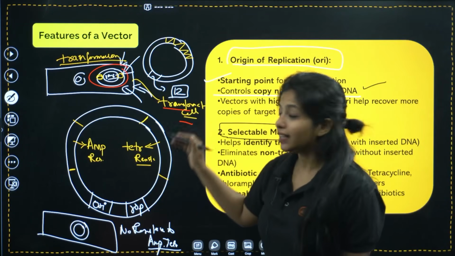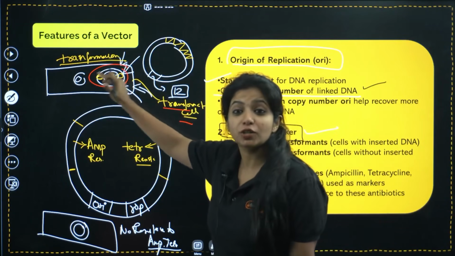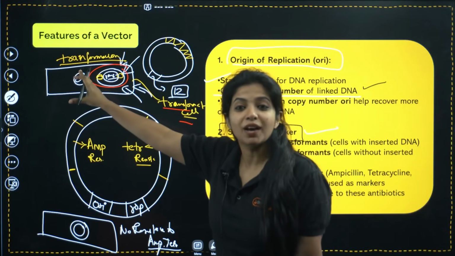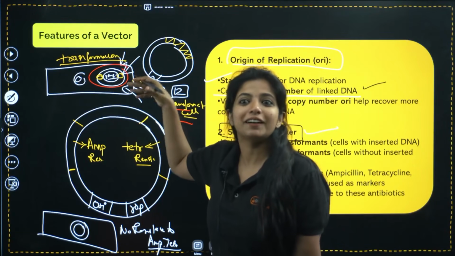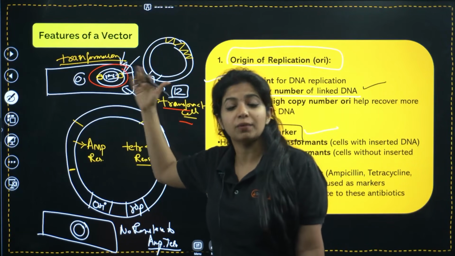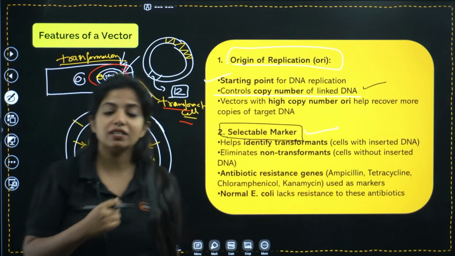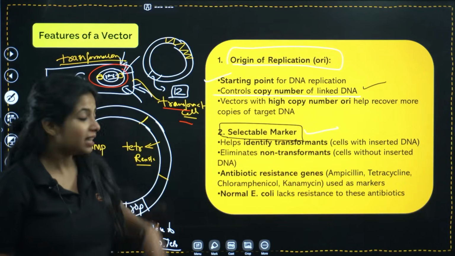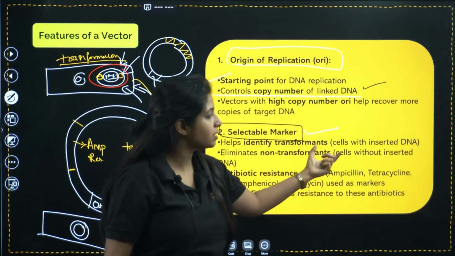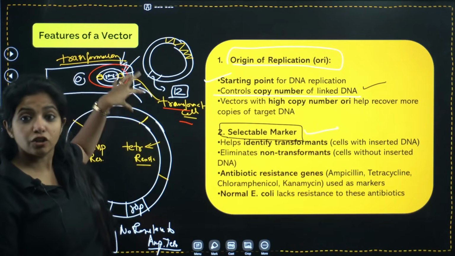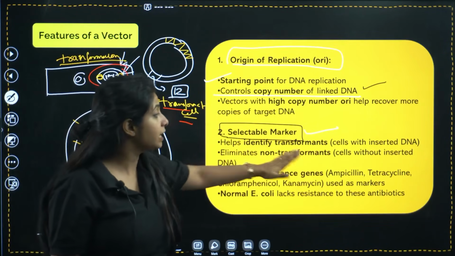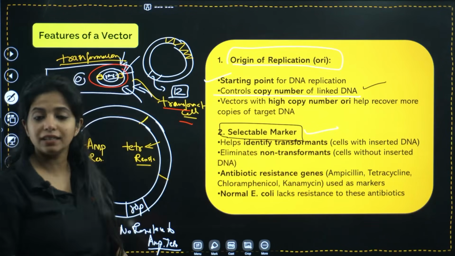So don't you think that because of the presence of these two genes, you're able to select them? Because these two genes provide resistance, and that is how you're able to select them. Which is why I'll say that these genes act like selectable markers. They help identify the transformants, the cells with the inserted DNA, the new DNA, and eliminate non-transformant cells without the inserted DNA.